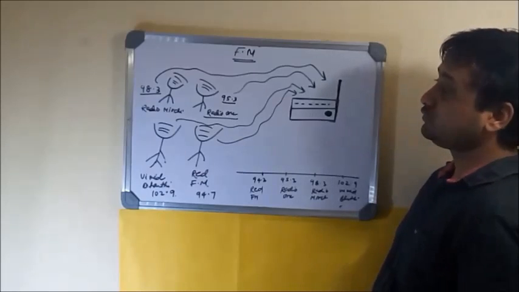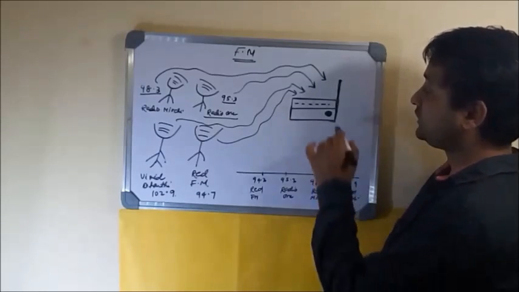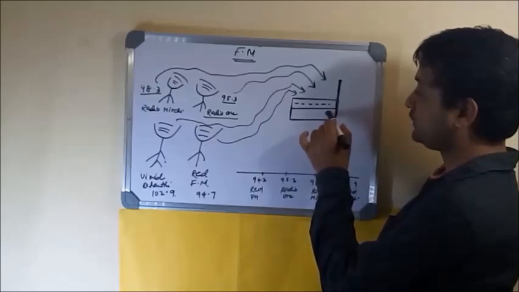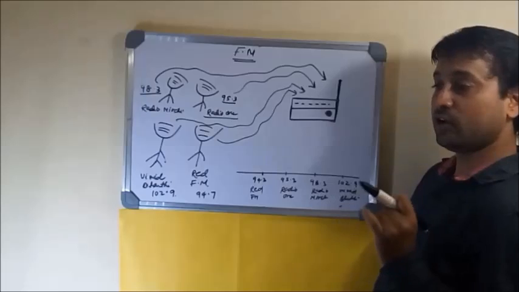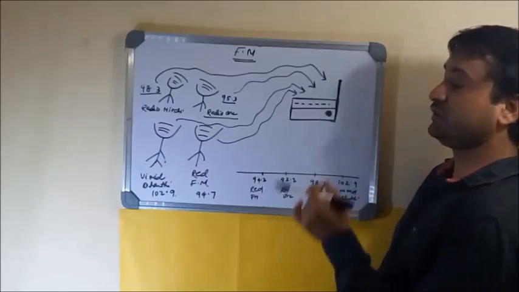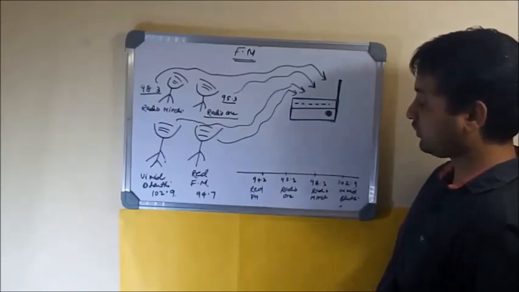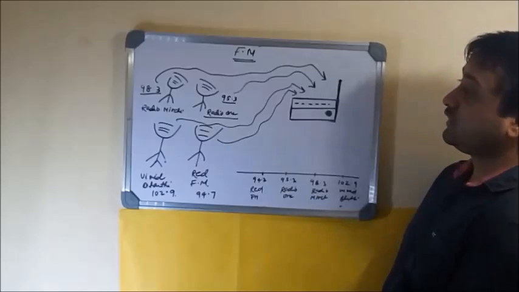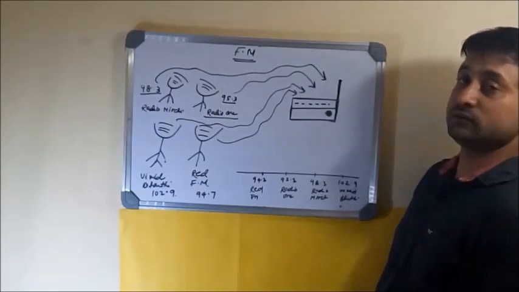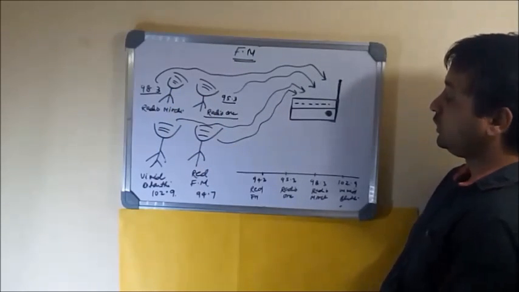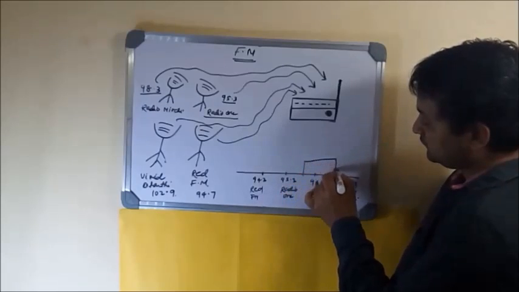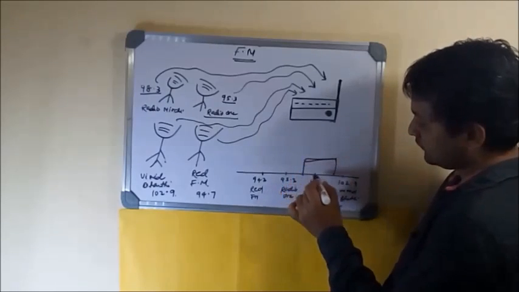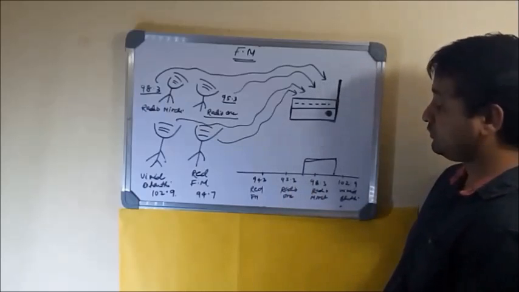If we want to listen to Radio Mirchi, we just rotate the knob, and when the center frequency matches 98.3, you can easily hear Radio Mirchi. Right now the center frequency is here, and we are listening to the 98.3 Radio Mirchi signal.